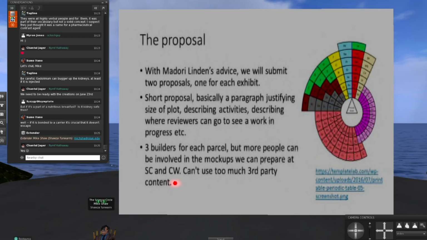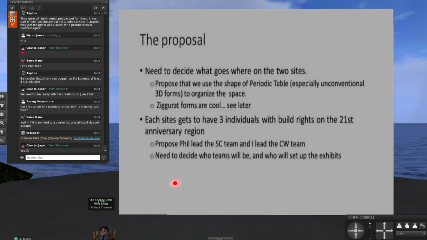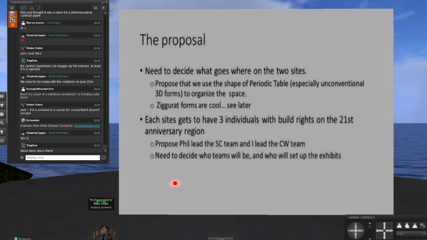All right. Let me go on with what I've got here next. So we need to know what goes where on the two sites, and I like the unconventional 3D forms of the periodic tables to organize the space. There are forms that would lend themselves to beautiful pathways.